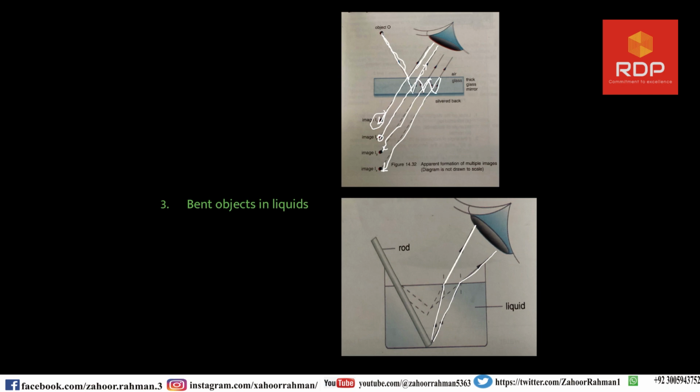So you will see the straight line at this position. This will be the position of that straw, not the original one. Your eye will see this position inside the water. Outside the water, it is correct. But when it comes to the inside of the water, then it is like this.